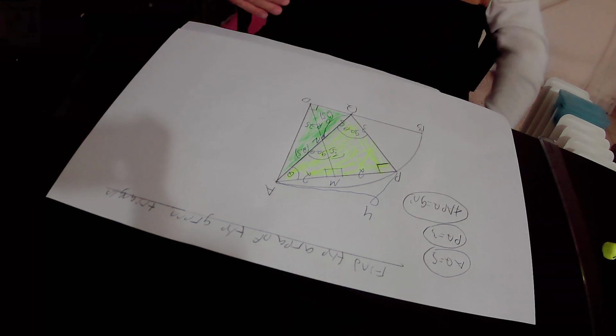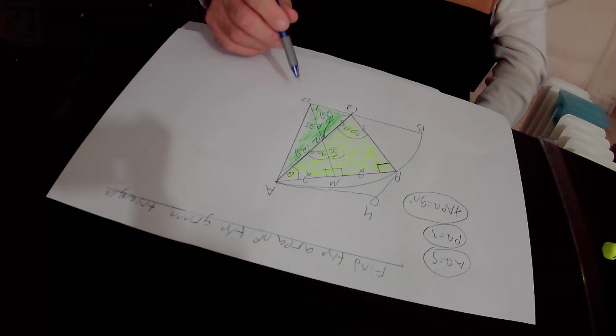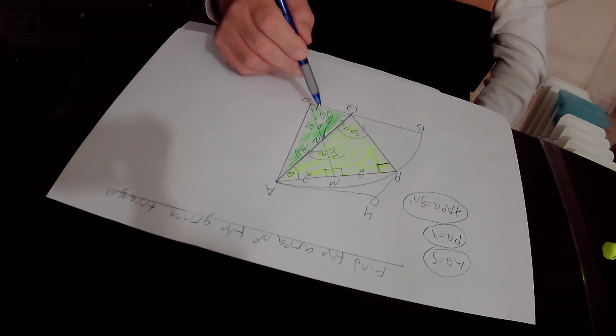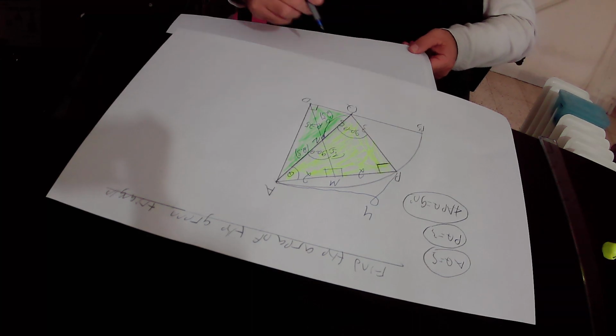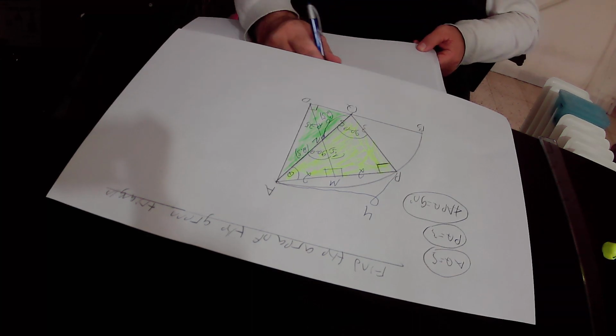In the next step, we'll implement the Pythagoras theorem on the right triangle AMO. So I copy the right triangle AMO in a new page and implement on it the Pythagoras theorem.